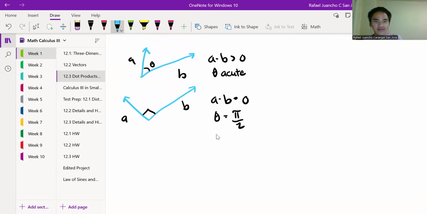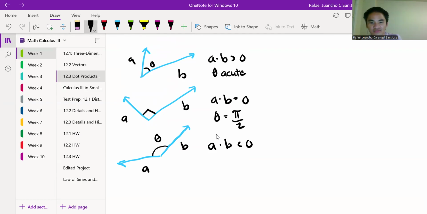Right? And lastly, if A is going the other way around, this is our angle, this is A, this is B, then that means their dot product is less than 0, it's negative. And so that means their theta is obtuse, or it's greater than 90.